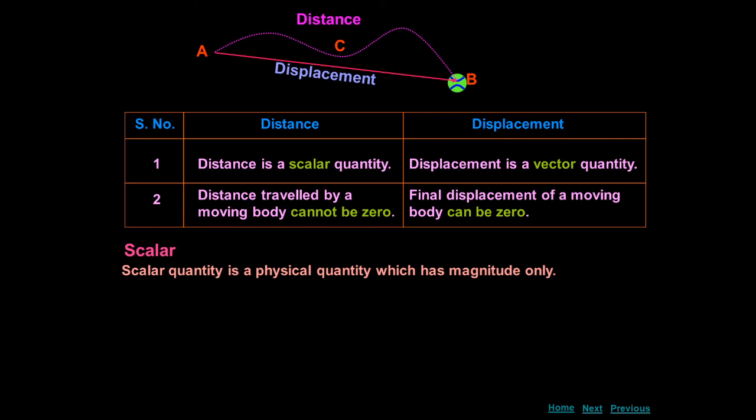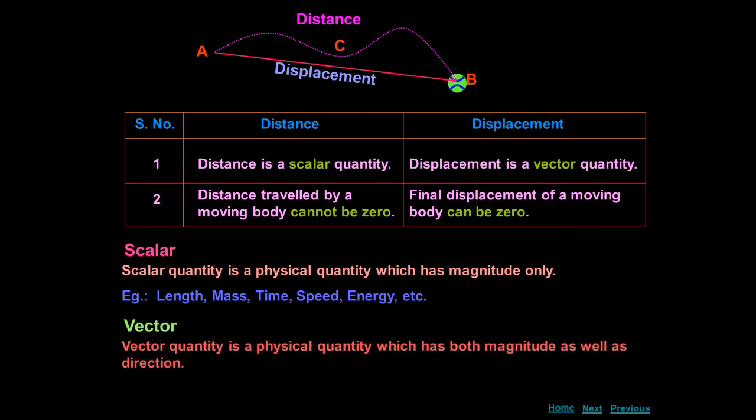A scalar quantity is a physical quantity which has magnitude only, while a vector is a physical quantity which has magnitude and direction both. Examples of scalars are length, mass, time, speed, energy, work, while vectors are displacement, velocity, acceleration, momentum, force.